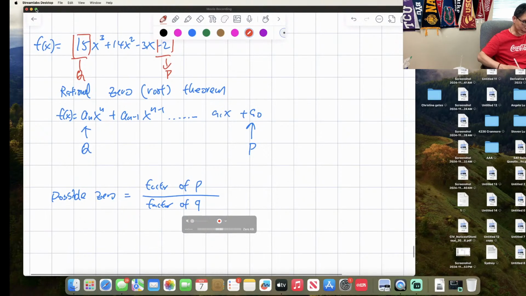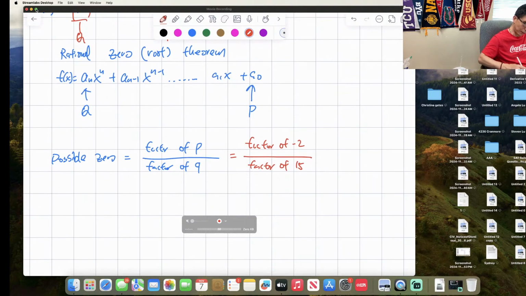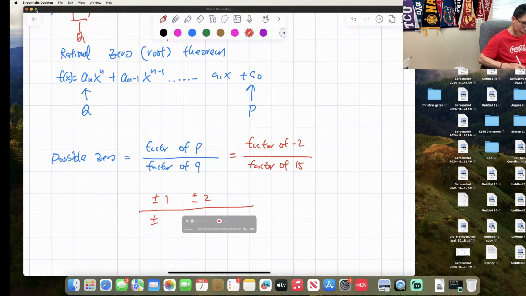So how many factors of negative 2 and the factors of 15? The factors of 2 are 1 and 2, and it must be plus or minus. How many factors of 15? 1, 3, 5, 15.